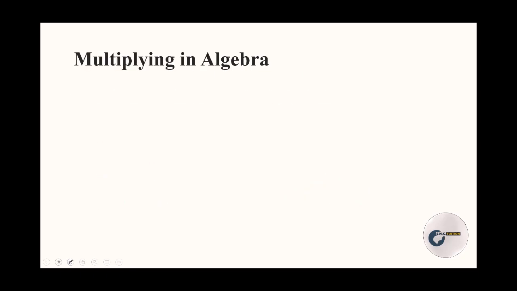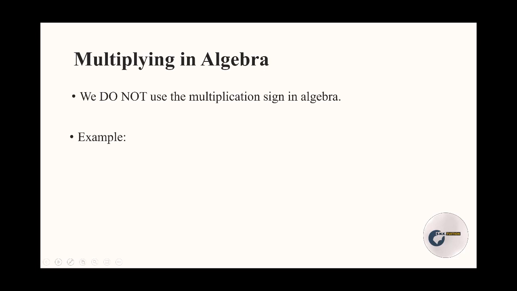So multiplying in algebra. One basic thing that we need to know is that we never use the multiplication sign in algebra. And now I'll give you an example of what the notation is then if we can't use the multiplication sign. So if, for example, we have 3 multiplied by x, we would instead write this as simply 3x, because in algebra, when we're multiplying, we just write the values that are being multiplied together next to each other, one after the other.